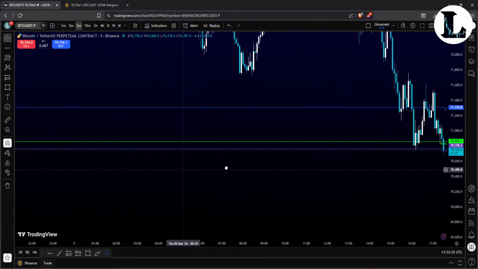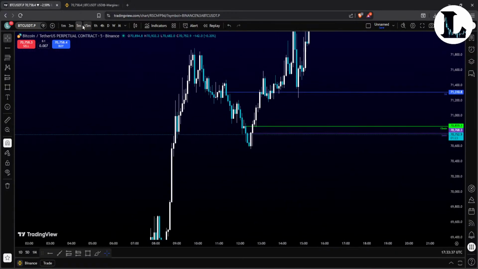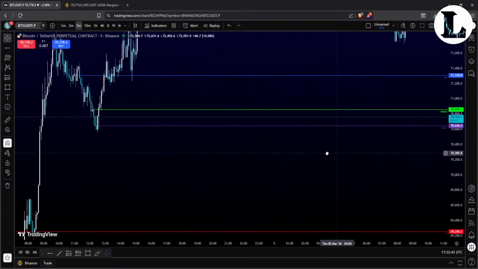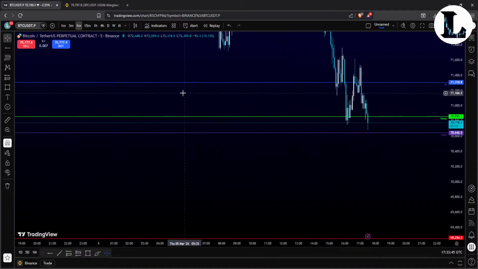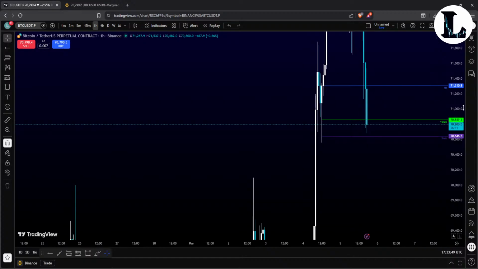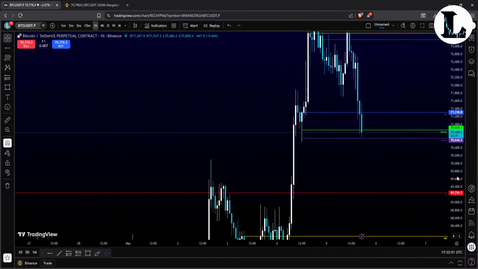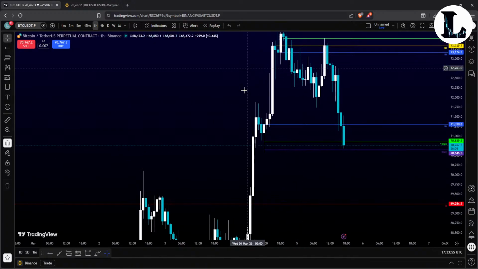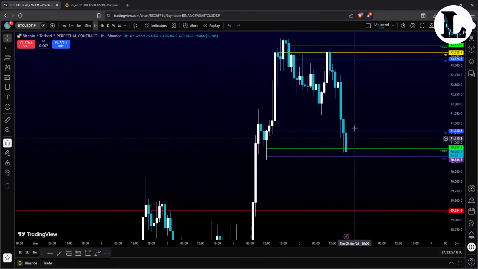So I'm going to mark the body because the price already went to the wick. The body here can still hold. I don't believe it, honestly, because it's really bearish, this range. It can still hold, and it's kind of the last support on this range to actually hold the price.